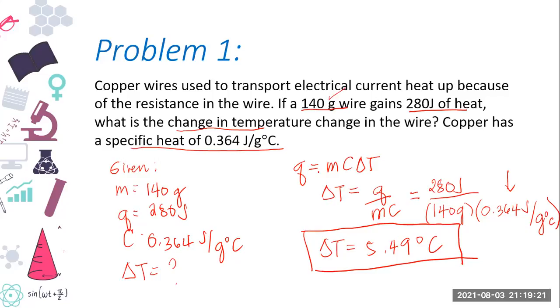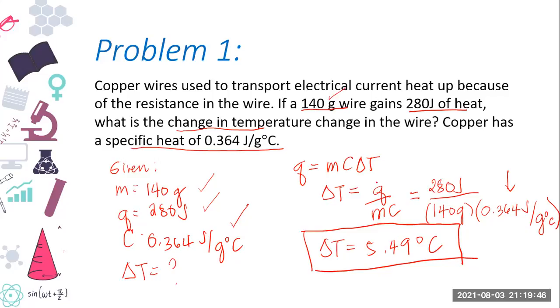So going back, before we go to the next one, first thing to do, list what is given in the problems. You have mass, you have heat, you have specific heat, and then go ahead and look for a formula wherein you can get what is missing, which is change in temperature. And we know that we will be using the Q equals MC delta T formula.